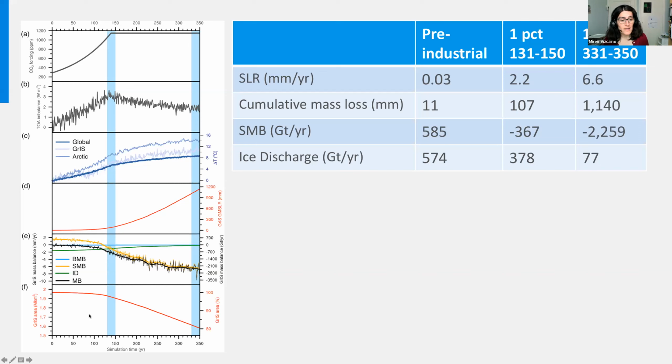Okay, so this is the sea level rise. So we have more than 1 meter by year 350. So these are the rates, 2.2 at the time of stabilization here, and 6.6 millimeters per year here.